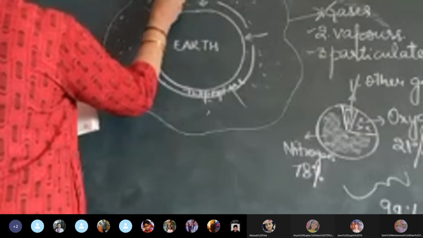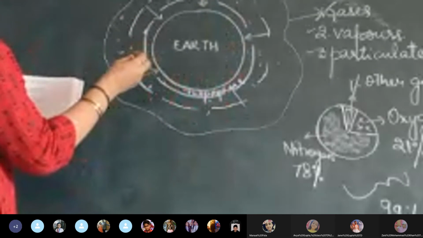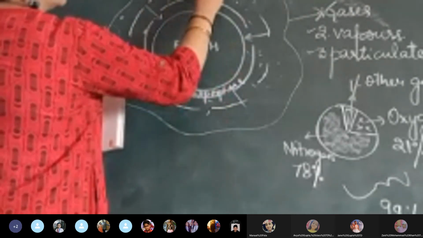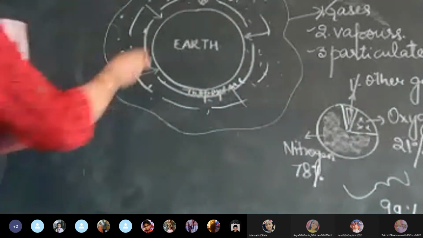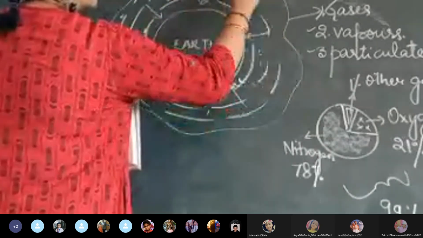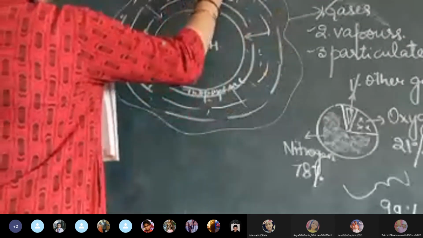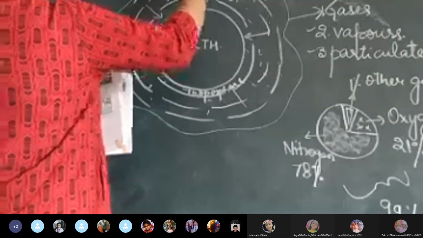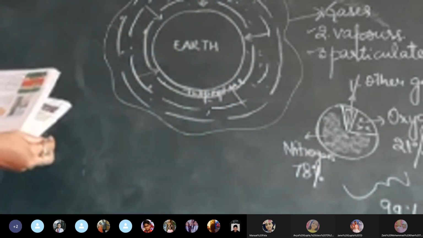Then outer to it is called stratosphere. Then after that comes the mesosphere. And then comes thermosphere, which is divided into ionosphere and exosphere.